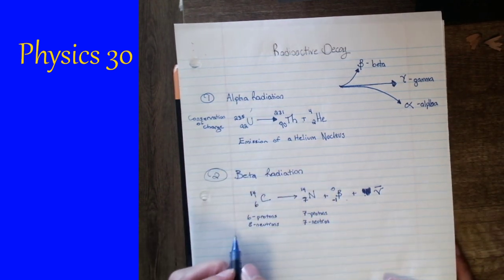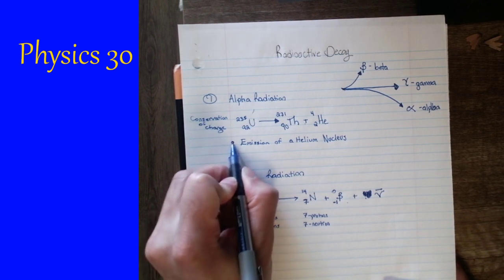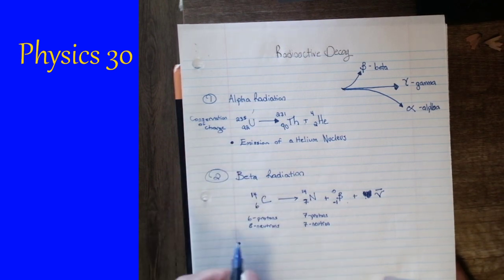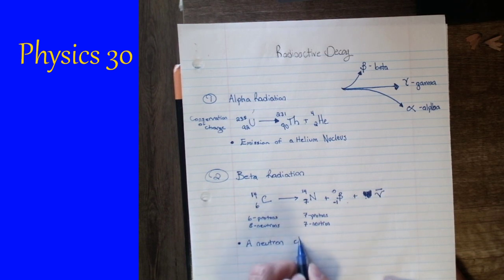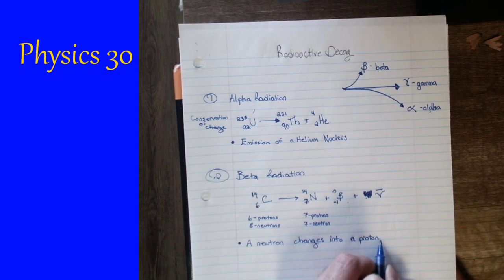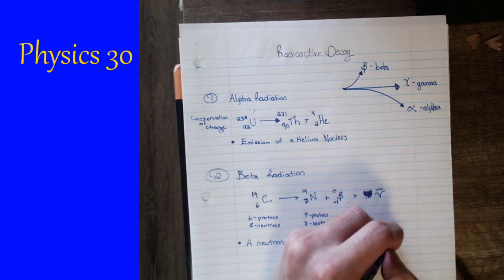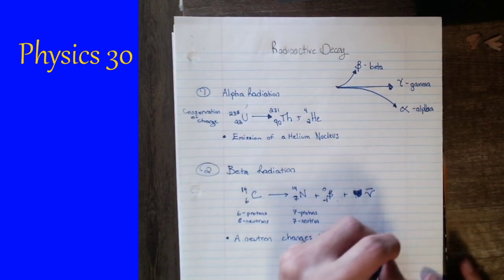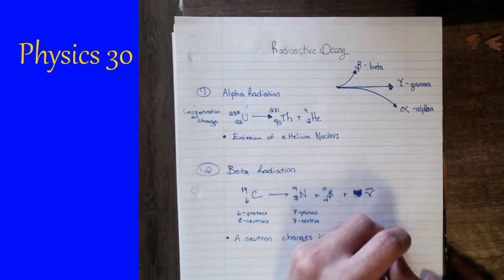Okay, and so beta radiation is defined as a neutron changes into a proton and a beta particle.